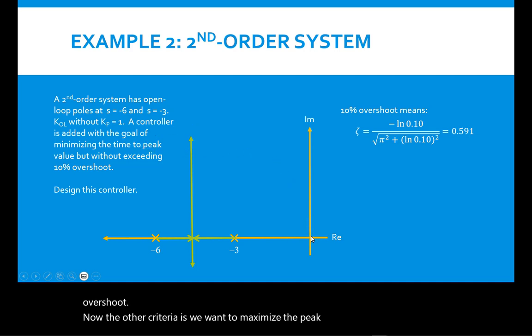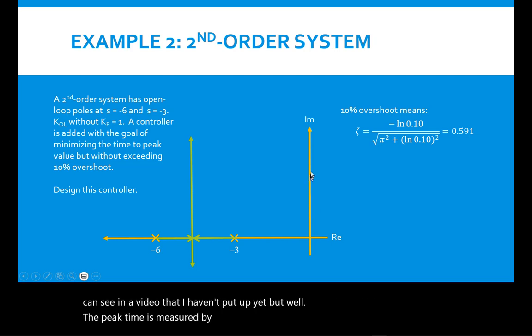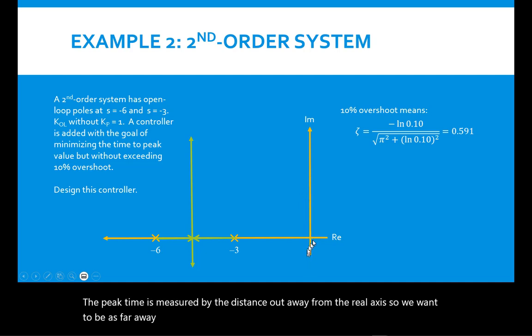The peak time, as you can see in a video that I haven't put up yet, is measured by the distance out away from the real axis. So we want to be as far away from the real axis as we can, but we do not want to exceed this 10% overshoot.